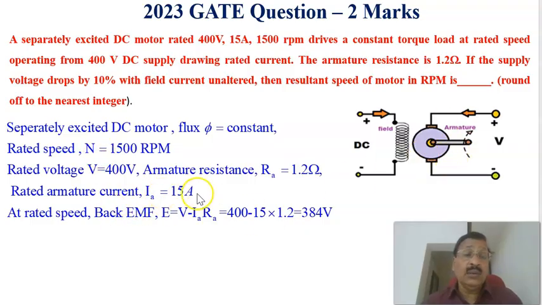For the rated current of 15 amperes, at the rated speed, the back EMF is the supply voltage V minus the drop due to the armature resistance, that is V minus IaRa, which equals 400 minus 15 into 1.2, which is equal to 384 volts. Therefore, the back EMF corresponding to the rated speed of 1500 RPM is 384 volts.